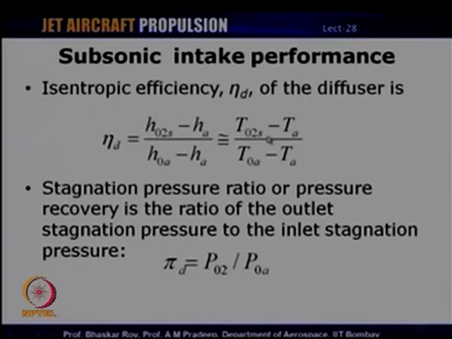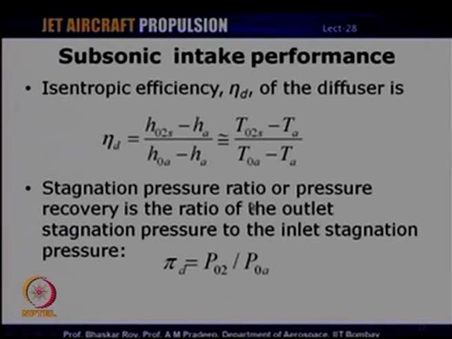This simplifies to T02S minus TA divided by T0A minus TA. So, this is how we define the isentropic efficiency of a diffuser, which is defined in terms of temperatures, but it is not because of loss in stagnation temperature, but because of loss in stagnation pressure.